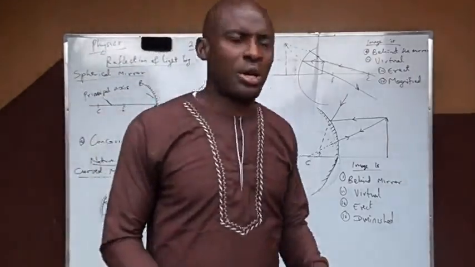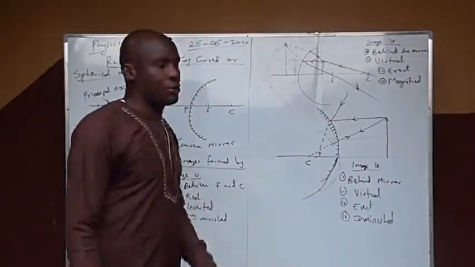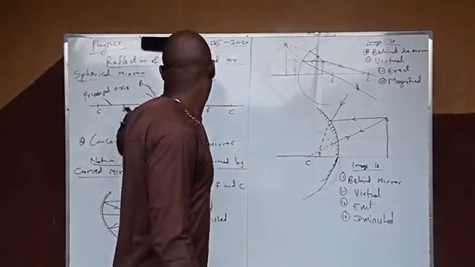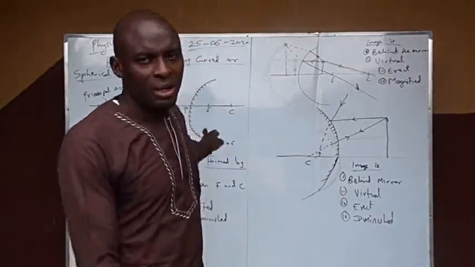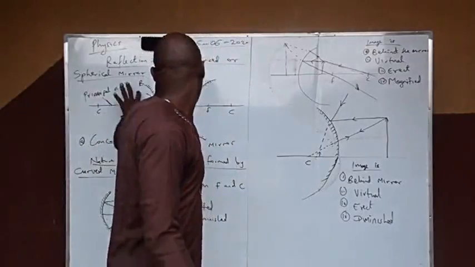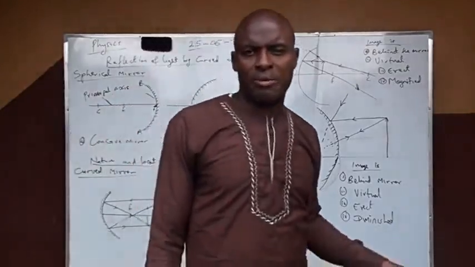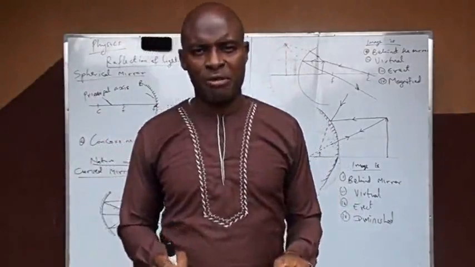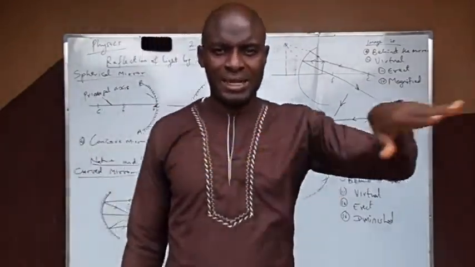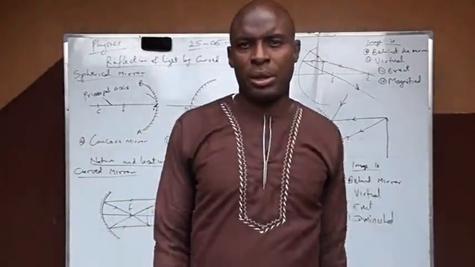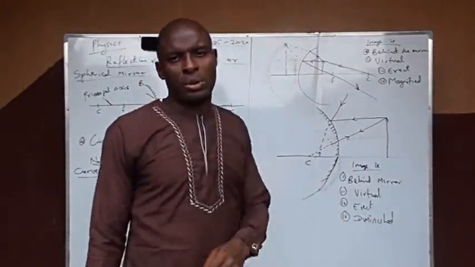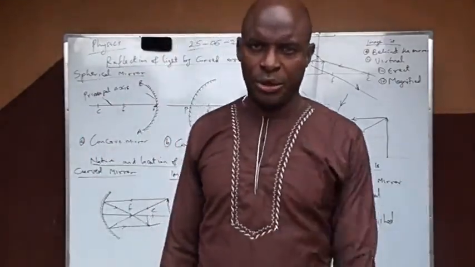We also have the principal focus. We have principal focus in both the concave mirror and the convex mirror, and we are going to define it for both. The principal focus of a concave mirror is that point through which rays of light that are parallel and close to the principal axis pass after reflection from the mirror surface.